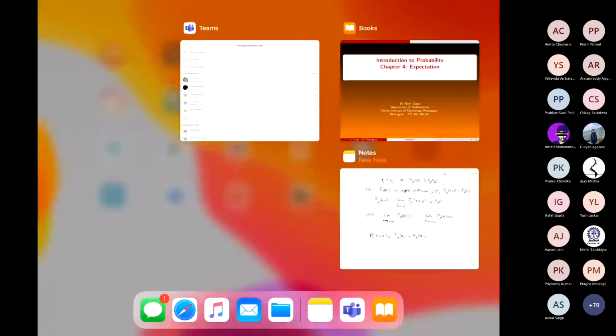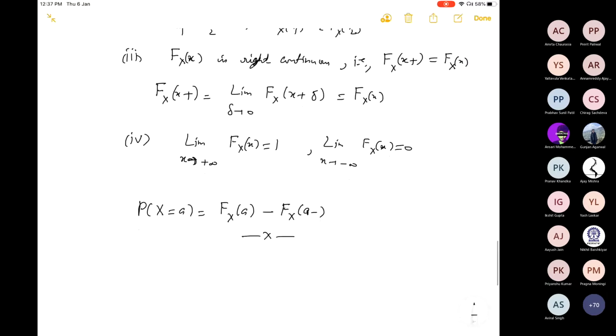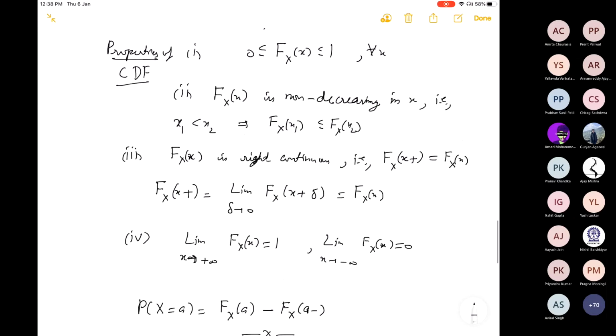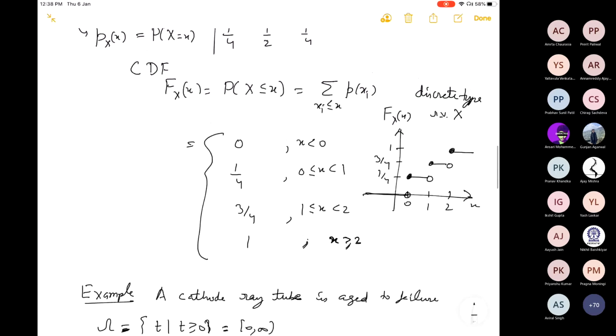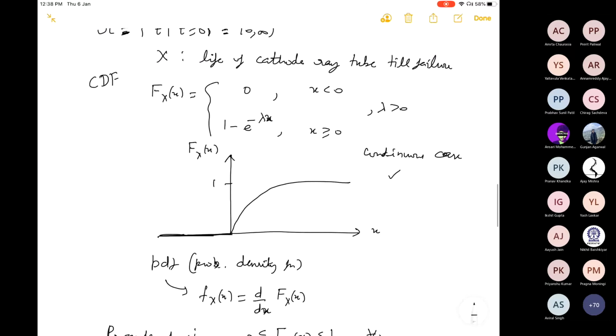Okay, except this, we may also have what is known as the mixed type random variable. What is mixed type? In discrete, the CDF has step functions, and in continuous type, the CDF is continuous.